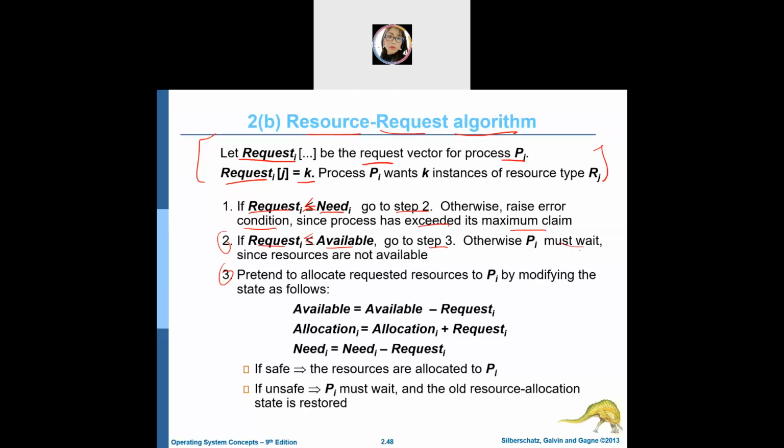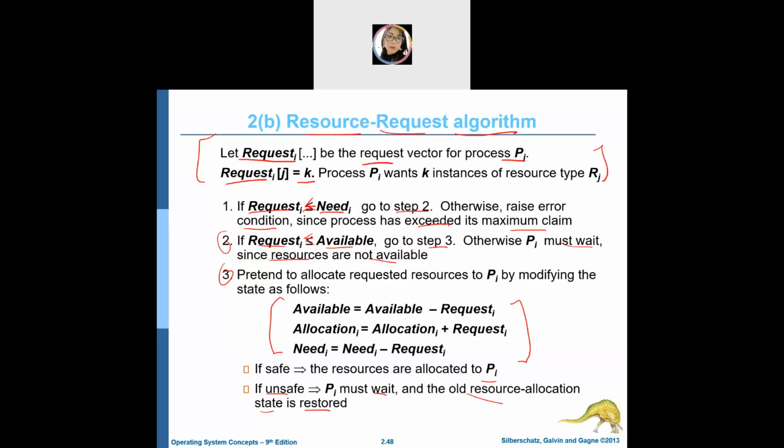Otherwise, Pi must wait, since resources are not available. For step 3, pretend to allocate the requested resources, and you need to check this. If safe, the resources are allocated to Pi. If unsafe, Pi must wait and the old resource allocation state is restored.